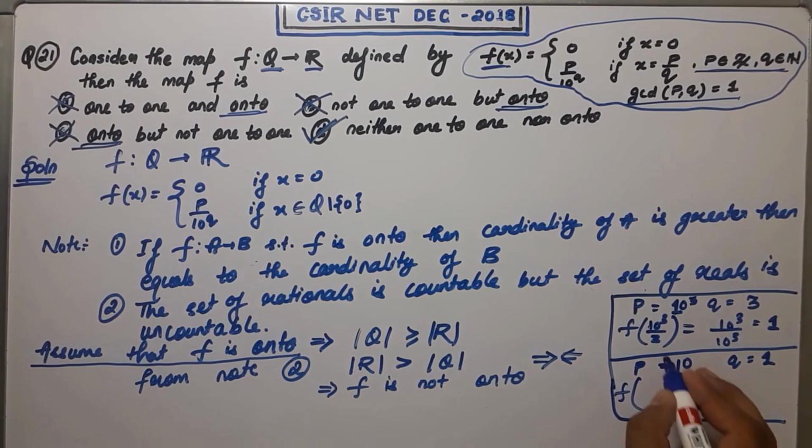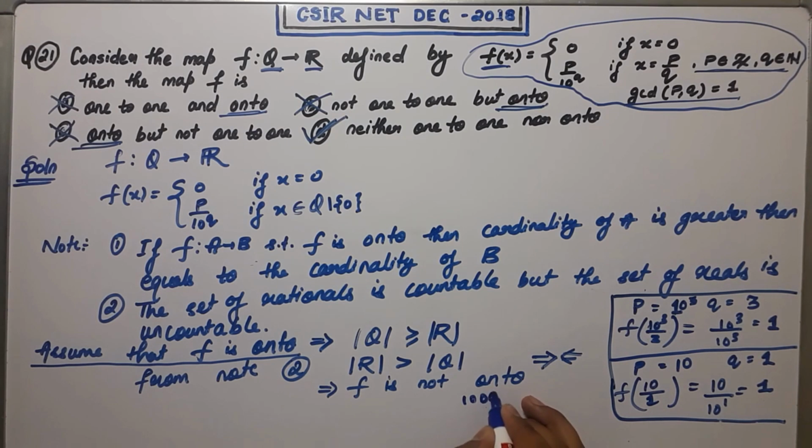So your function value at 10 over 1 is also 10 over 10 to the power 1, that is 1. So for two different values, 1000 over 3 and 10, you are getting the same answer. This is your codomain, that is the reals, and this is your domain. So for two different values you are getting the same answer, which directly implies that your function is not one-one.